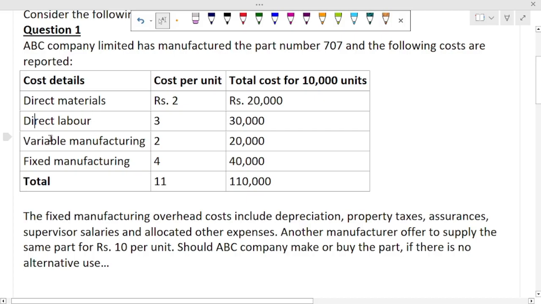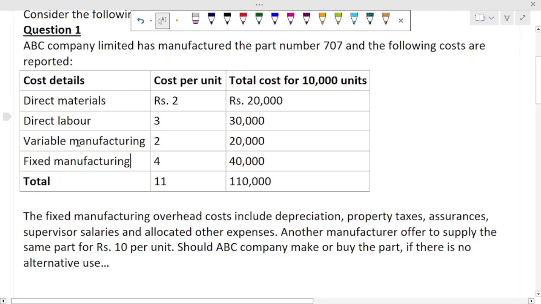Then variable manufacturing: those things that change but are required to make the product, like electricity. The cost may change, electricity, maybe water. Then there are things you need to manufacture that cannot be changed, whether you are buying or not buying. You have to pay the owner of the company. Just have it in mind that there are things that are fixed.